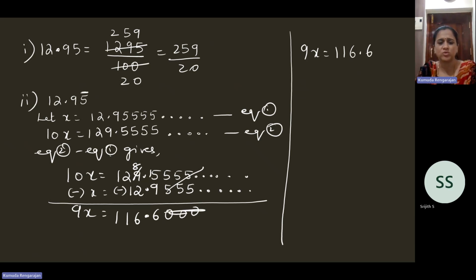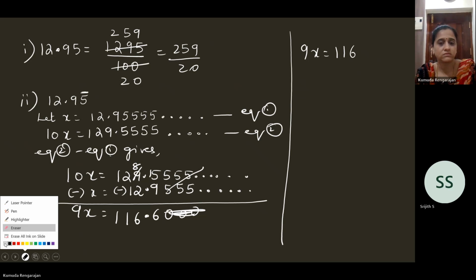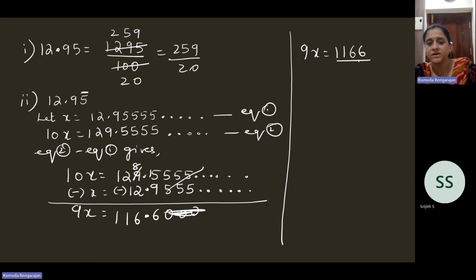You don't have to write these zeros. Okay. Sorry, 1 divided by what? 10. We're shifting the decimal point. Then x is equal to 1166 by 10.